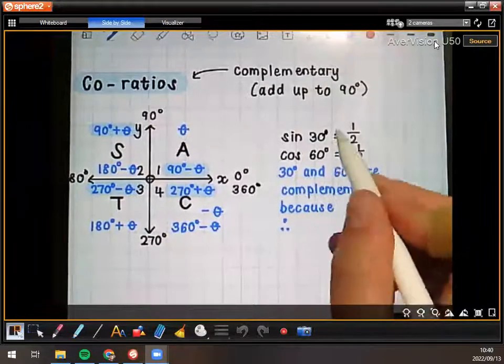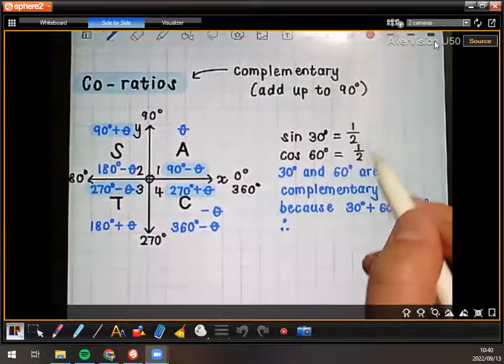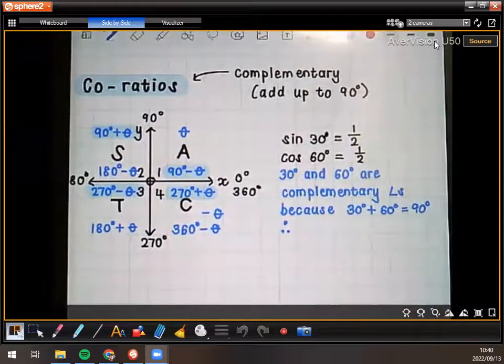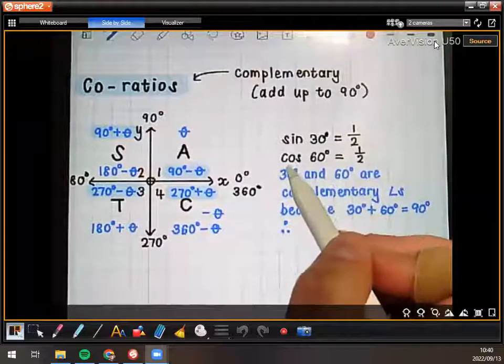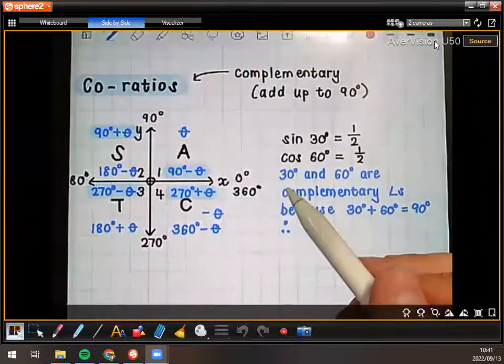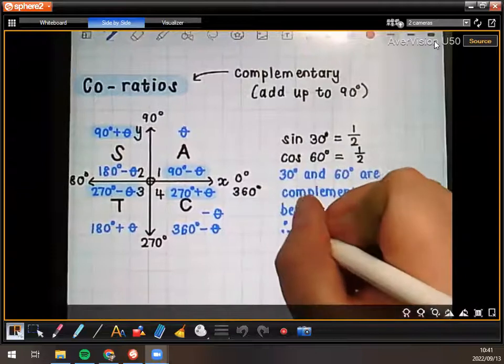Now guys, because these two are equal, can you see they're giving the same values? And because the two angles add up to 90, we call sine of 30 and cos of 60 correlation. We are going to look at more of them to demonstrate.